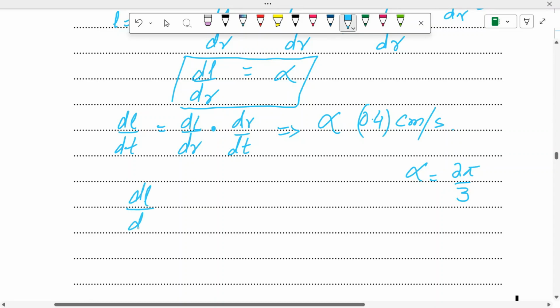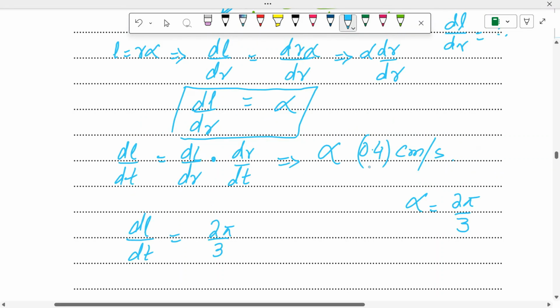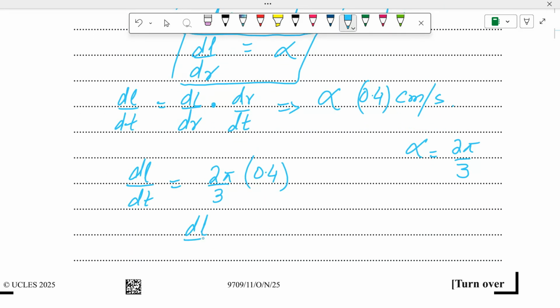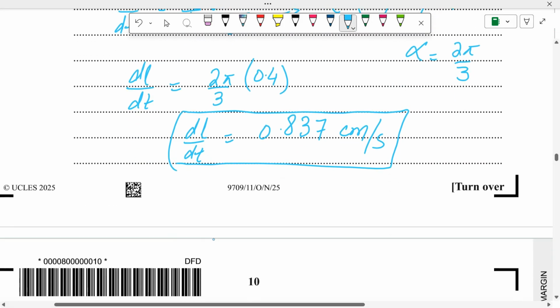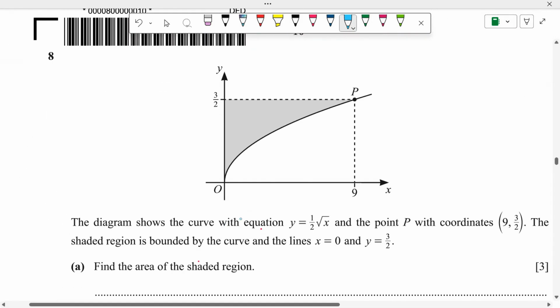So dL over dt is equal to 2 pi over 3, this is alpha, times 0.4. So multiply by 0.4. Further solving, we will have 0.837 centimeter per second. So we have calculated the rate of change of arc length with respect to time. Now let's move to question number 8.